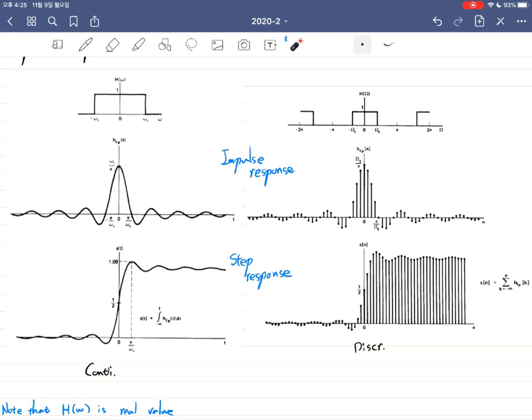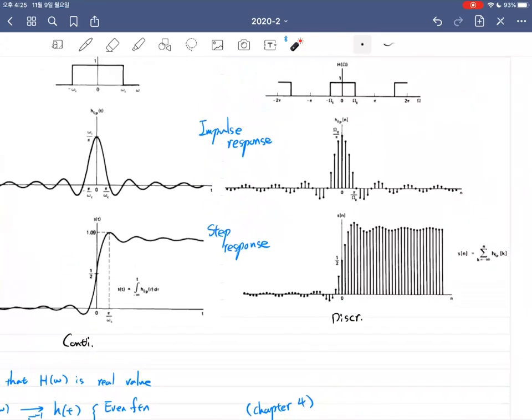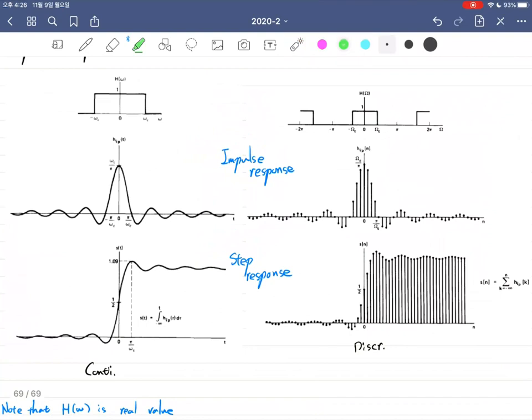Mostly it has a problem with stability. So this kind of oscillation is very bad for most systems.